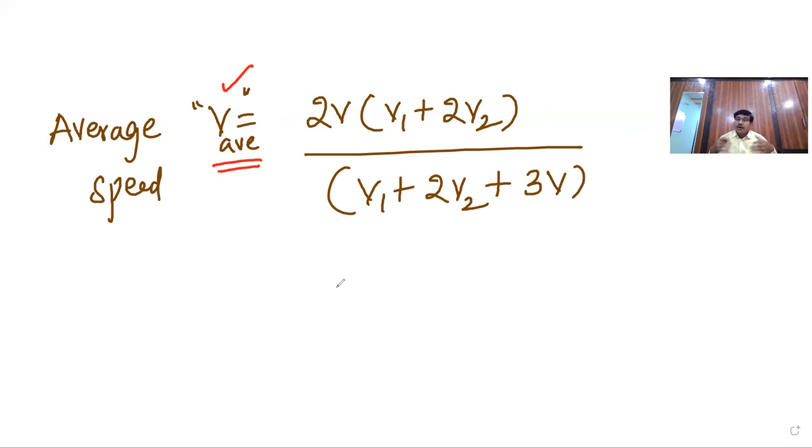Observe, all the data is in variables. Hence, it is somewhat difficult to simplify. When the data is given in terms of v1, v2, v3, t1, t, simplification is somewhat difficult. Clear? Hence, you have to be very careful.